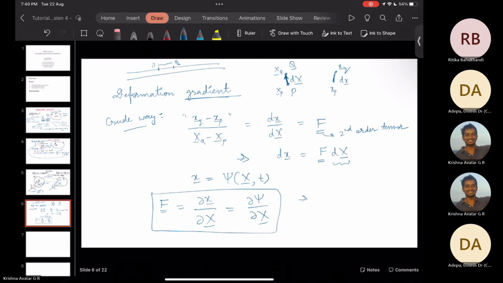And as you very much recall, it is a function of every point.